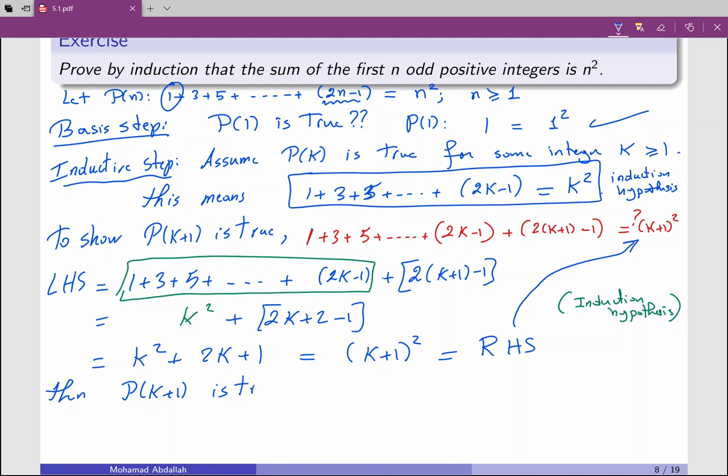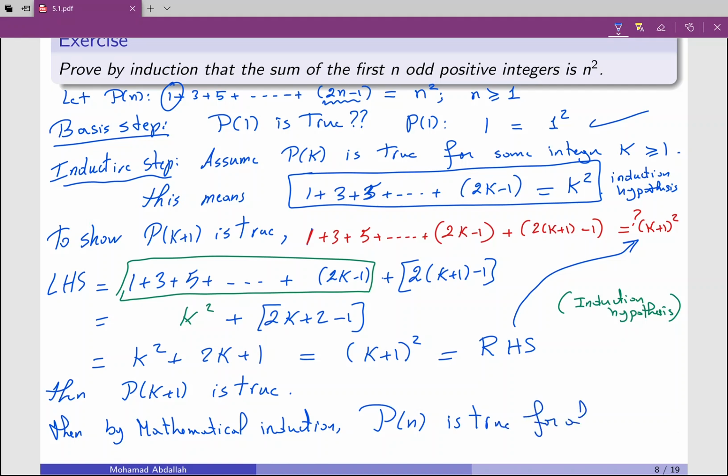So I showed that if I assume that P of k is true, I was able to show that P of k plus 1 is true. Then you write the following statement: then by mathematical induction, P of n is true for all n greater or equal to 1.